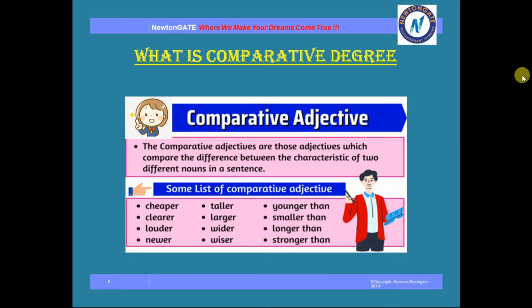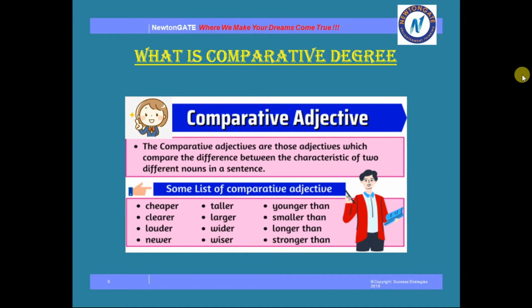See, here it is written: the comparative adjectives are those adjectives which compare the difference between the characteristics of 2 different nouns in a sentence. It means you are comparing 2 persons or 2 things.